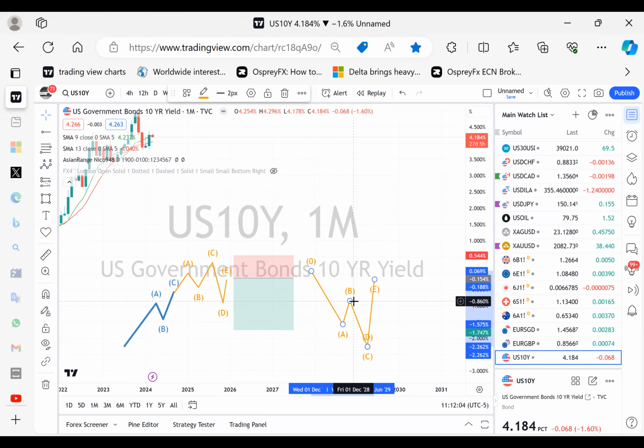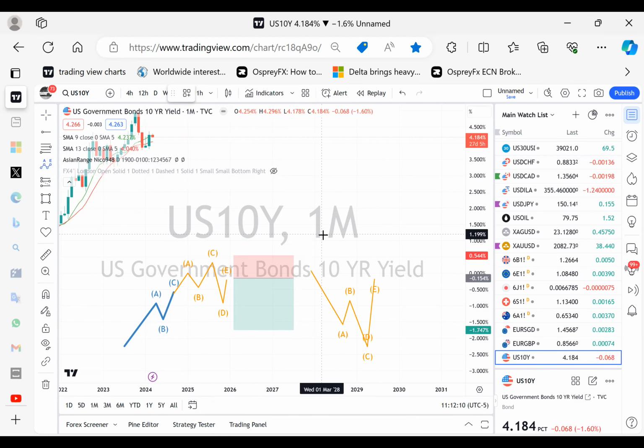Then I want to see price break this high, right? Once price breaks that high, I want price to trade back into an imbalance that broke this high to go higher, right?